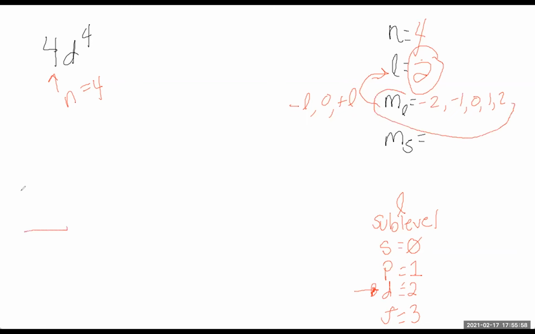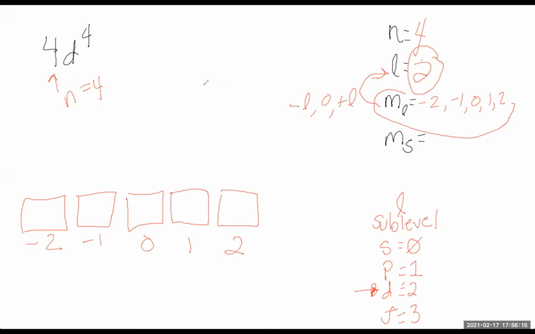So let's do that. So we have negative 2, negative 1, 0, 1, 2.